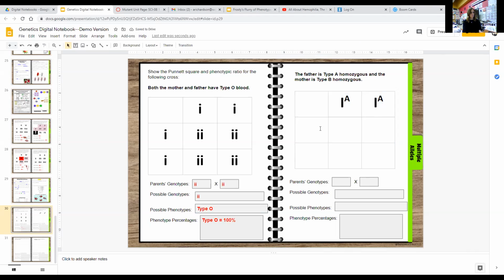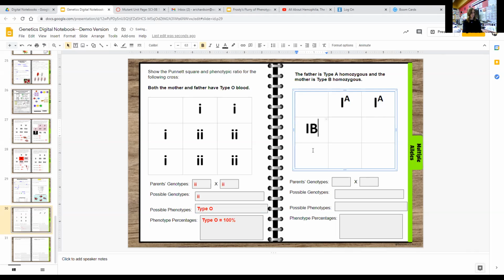And then mom is IB, which means that the B is going to go superscript 2. If you want a shortcut for this, just highlight it and then push Control and then the period button, and that'll bump it up there really quickly.